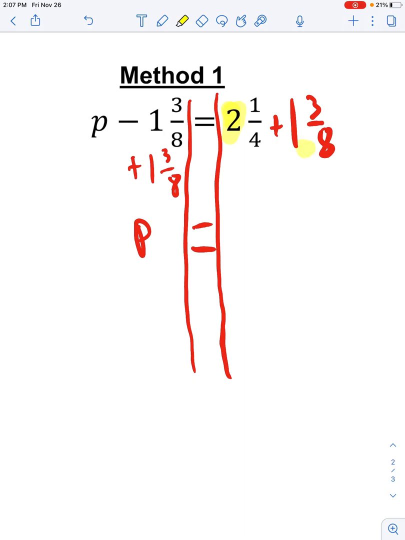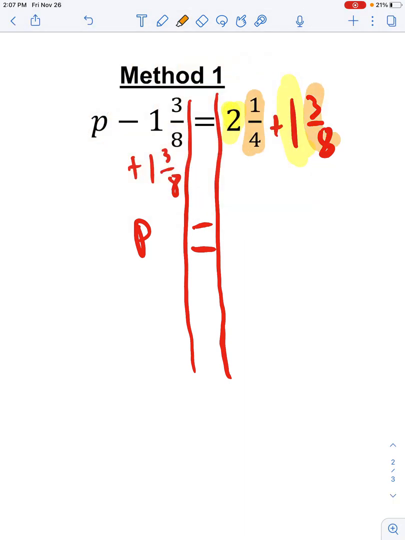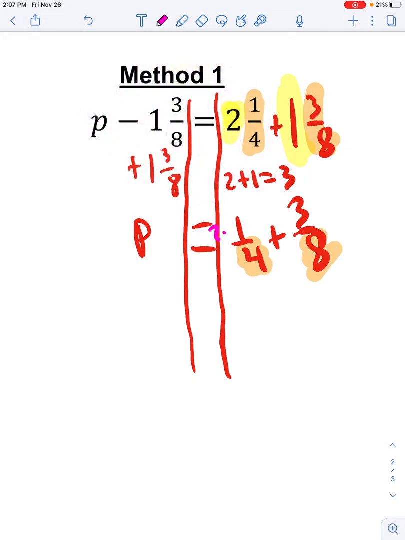When we have mixed numbers, remember we have to add the whole numbers together and add the fractions together. The whole numbers are pretty easy: 2 plus 1 gives me 3. The harder part is 1/4 plus 3/8. Again, check, do you have a common denominator? No. But all I have to do is multiply the top and the bottom by 2.